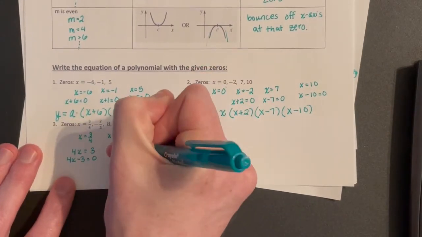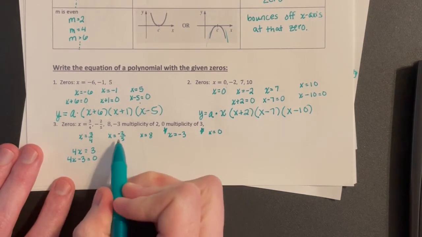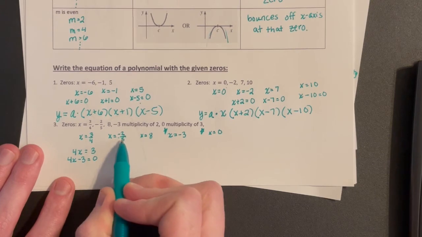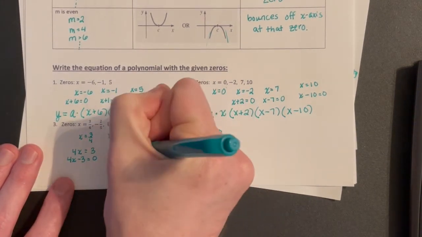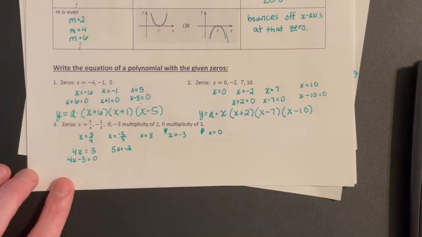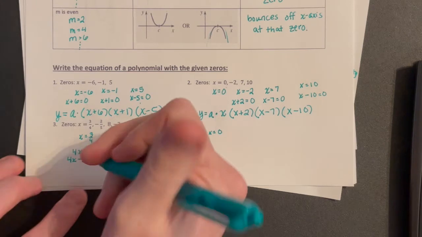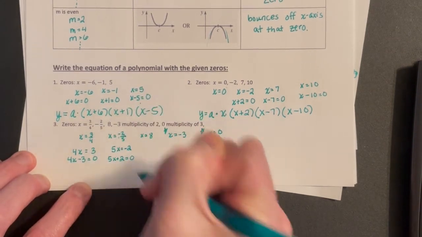So I'm going to do this again here. x equals -2/5. I already wrote it. So I would undo this division by 5 by multiplying. That becomes 5x, now equal to -2. We want to move the -2 over, so I'd add 2 to the other side, and I get 5x plus 2 equals 0.